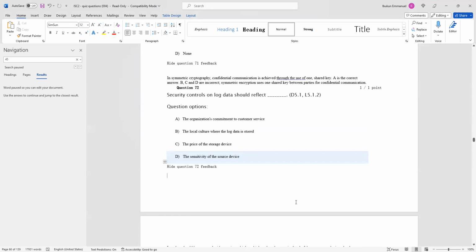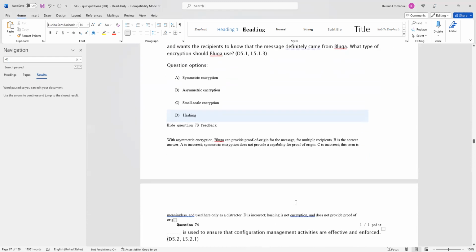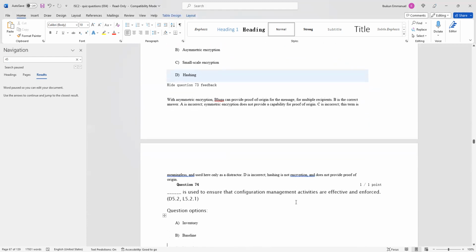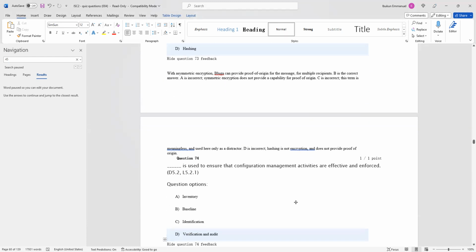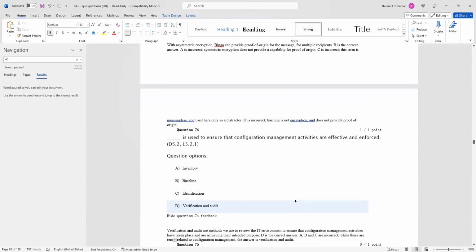The baseline is used to ensure that everyone has the same common build, a common standard image.